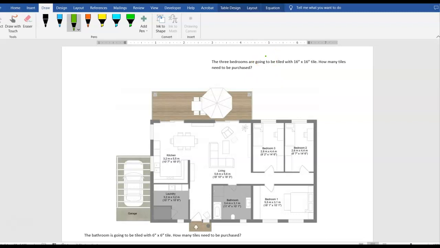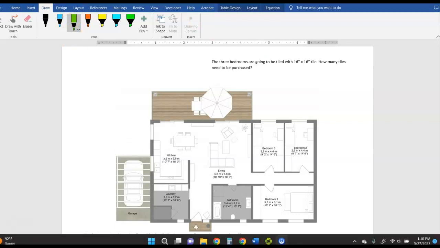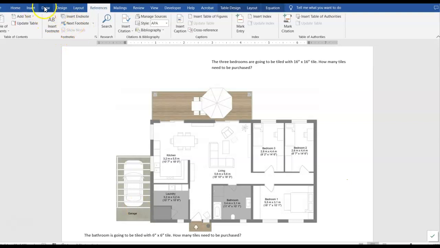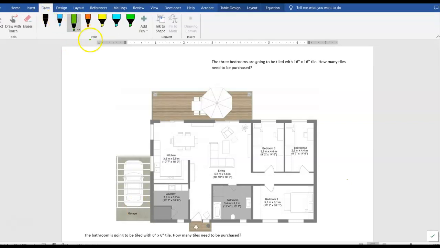So we're going to just look at the bedrooms, and I'm going to focus first on bedroom number 1. I'm going to write out the dimensions. Bedroom number 1 is 18 feet 1 inch by 10 feet 1 inch.